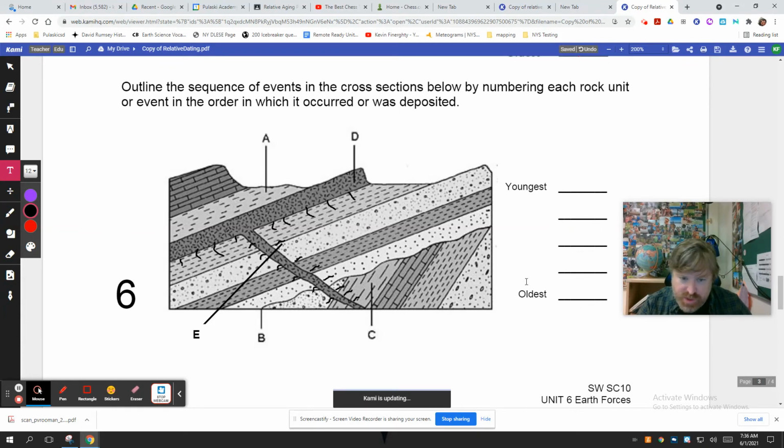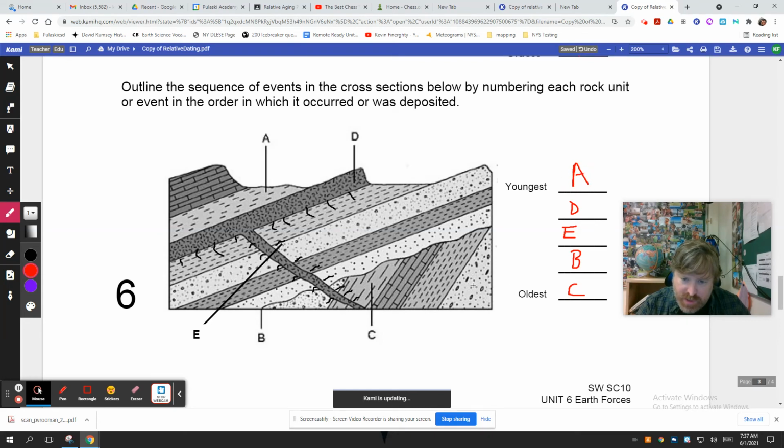I guess we could just do the letters they gave us in order, which would be C. And then the unconformity, B, the buried erosional surface. And I guess E is pointing to this layer here. And then I'm going to go D, and then A. So of the ones they gave us, that's it.